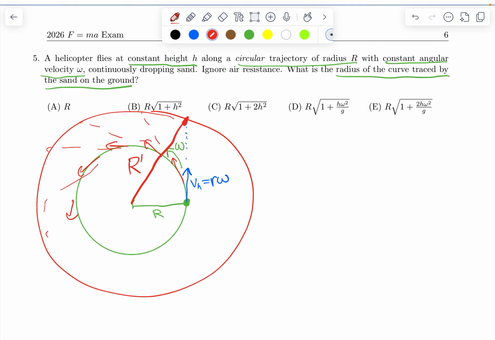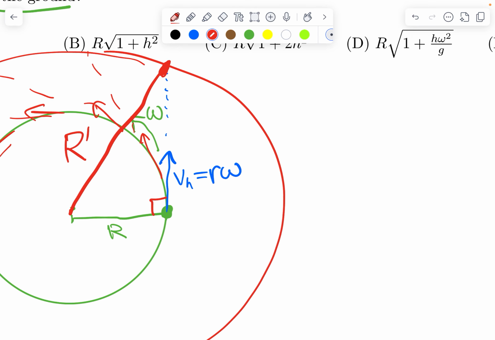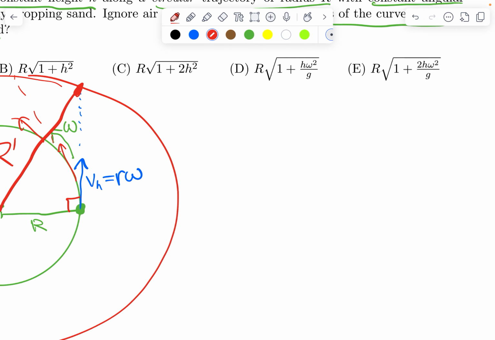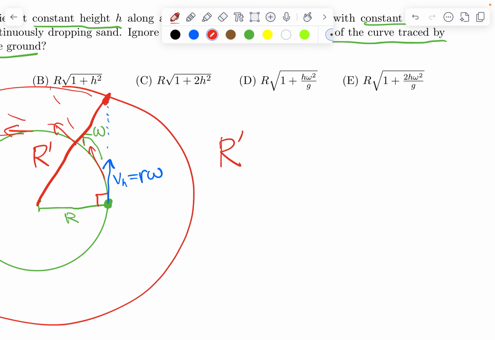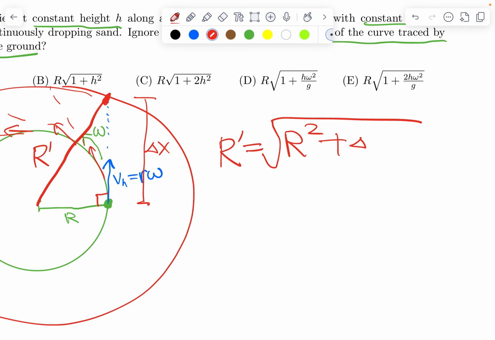And we can use the Pythagorean theorem because the V of helicopter is tangent to the circle. So now r prime is just going to be equal to the square root of r squared plus this distance, which I'll call delta x, squared.